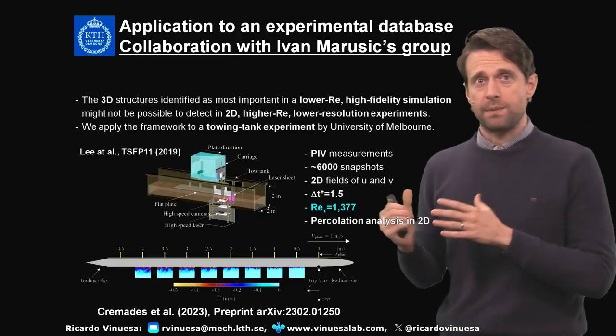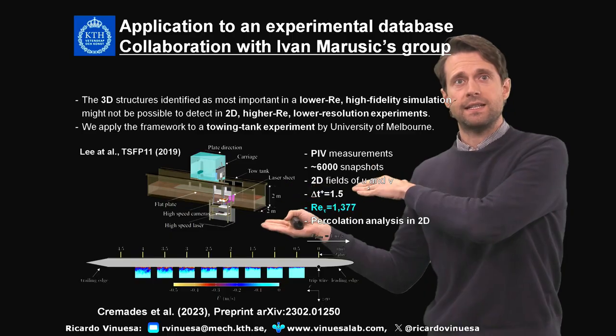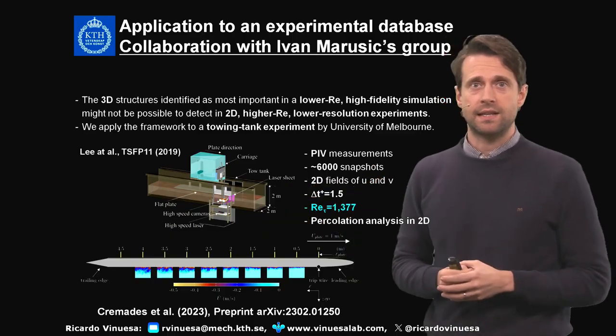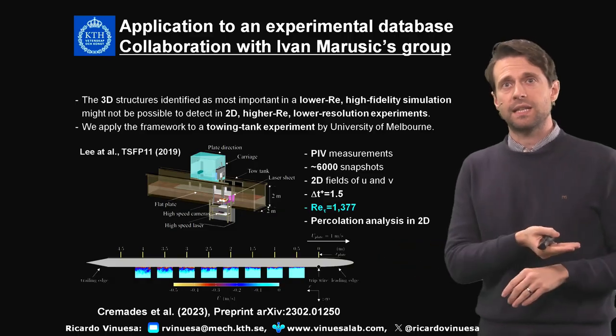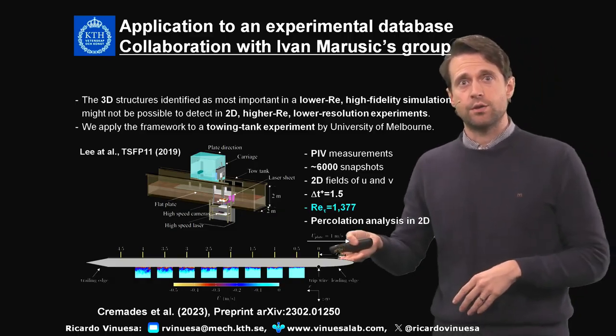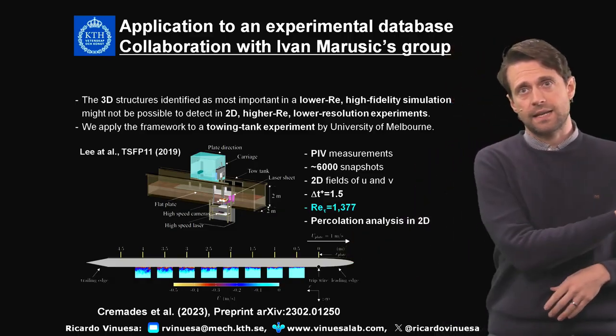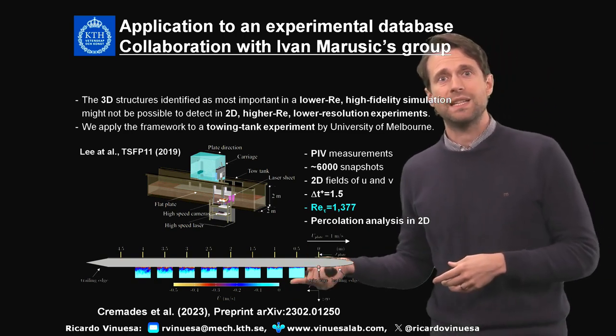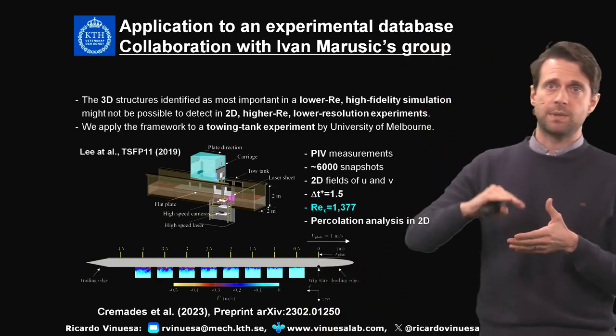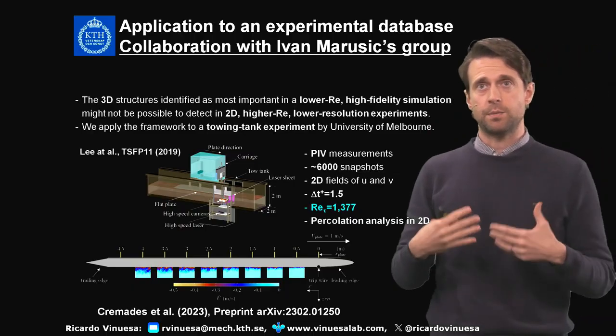Now, going back to the group in Melbourne, we looked at this very nice setup that they have here. This is a towing tank, which you can see also in the schematic down here. In the towing tank experiment, what people do is take this plate and start its motion suddenly in such a way that the boundary layer will grow in time. So instead of developing spatially, the boundary layer develops in time.